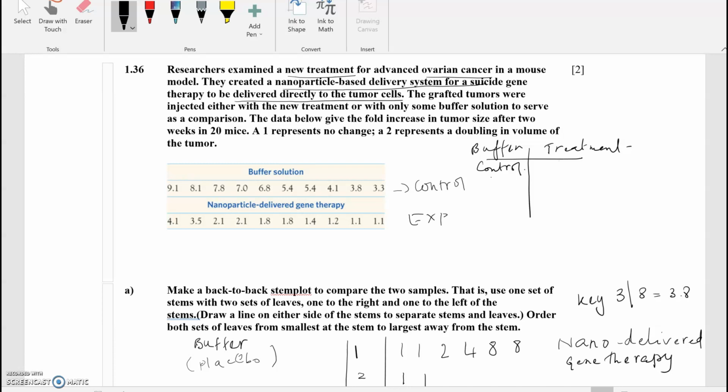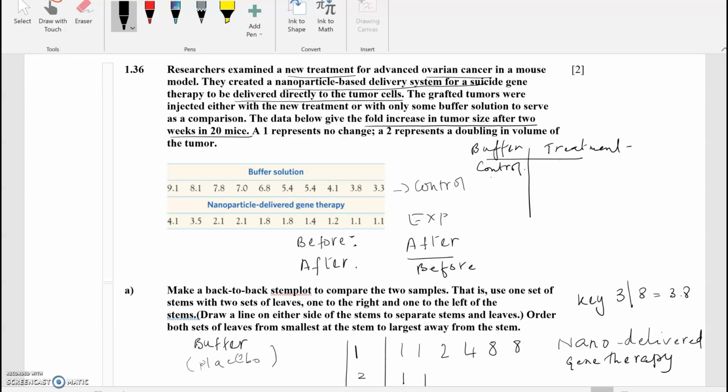The numbers here represent the fold increase in tumor size after 2 weeks. Basically what that means is they take the measurement before the treatment is given and then after the treatment is given, and what they're measuring is after divided by before.